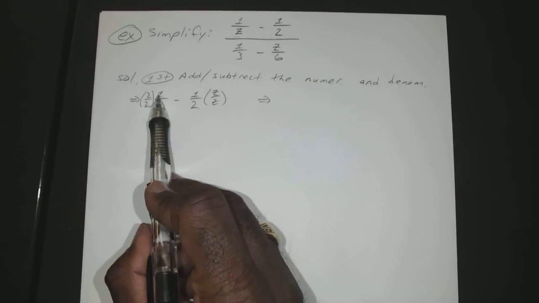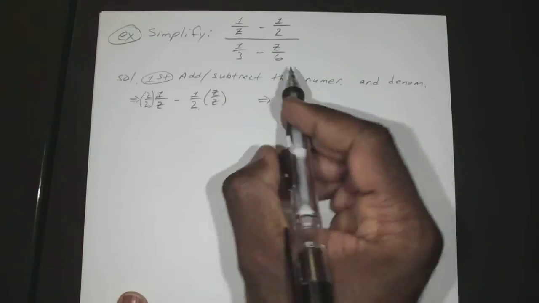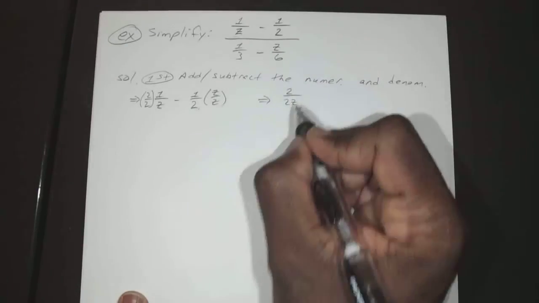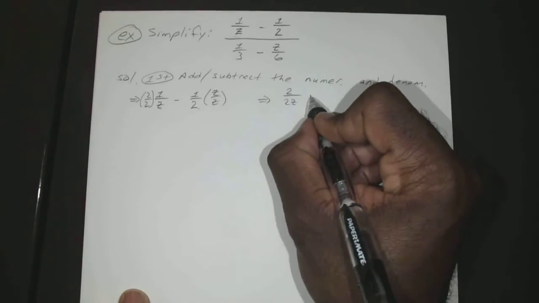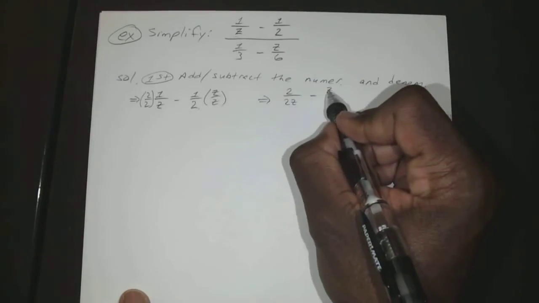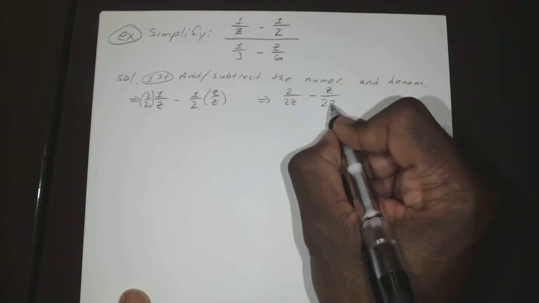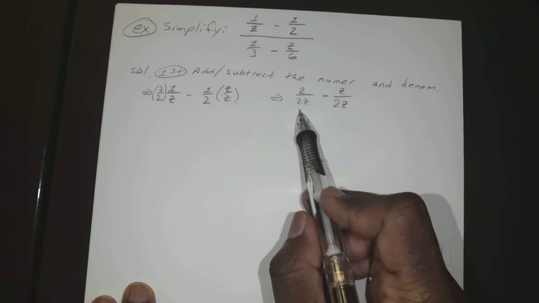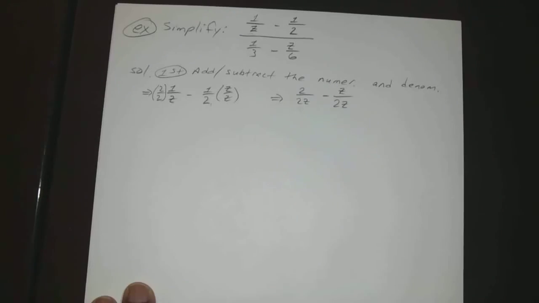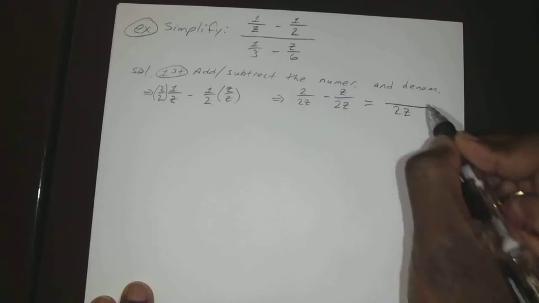So 2 times 1 will give us 2 over 2 times z, which is 2z, minus 1 times z, which is z, over 2 times z. Okay, so we have something over 2z minus something over 2z, will just equal something over 2z.